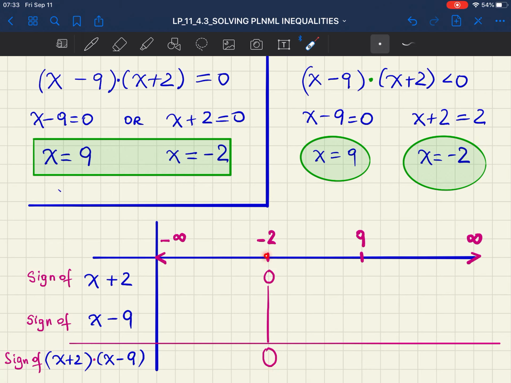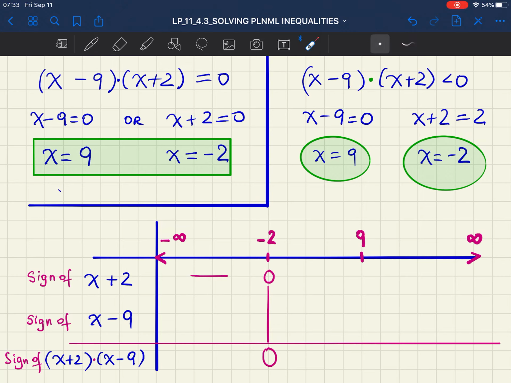And then we're going to say that for values of x to the left of -2, and think about what numbers can be to the left of -2. So -3, -4, -5, -infinity. So for values of x to the left of -2, -3 plus 2, -4 plus 2, x plus 2 will have a negative sign.